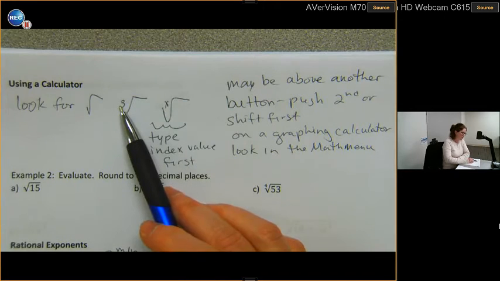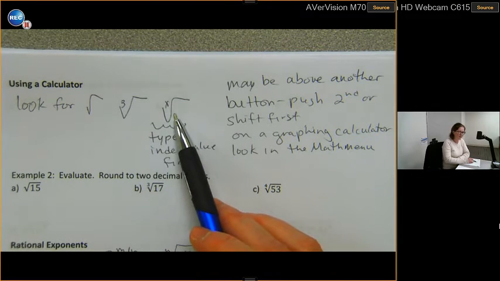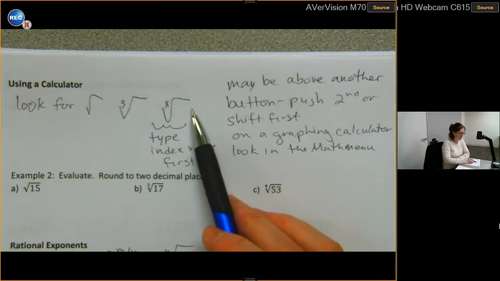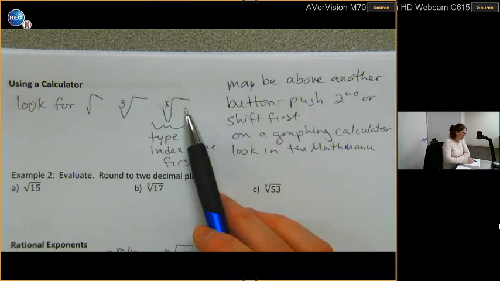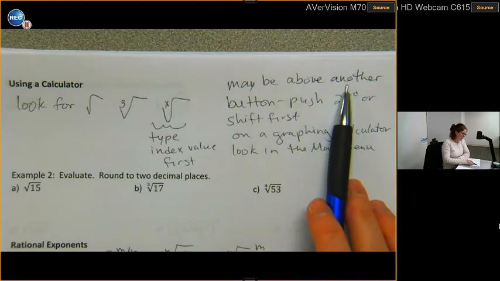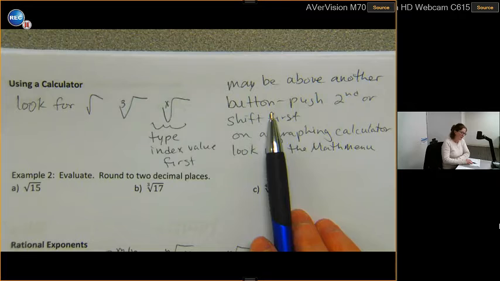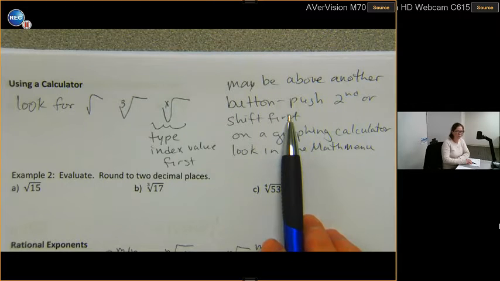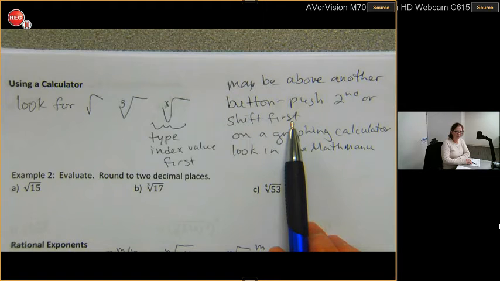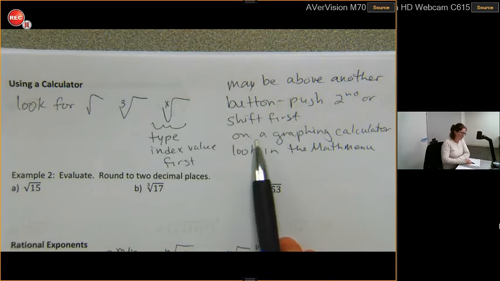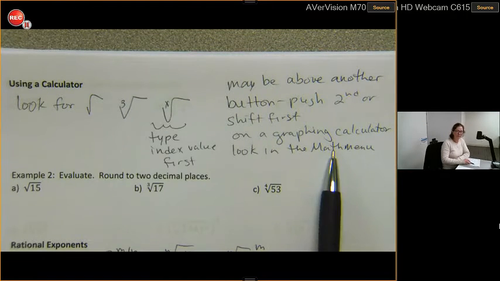So if it's a cube root, you have to hit 3, and then this button, and then whatever was underneath it. Your keys may be above another button, in which case you need to push second or shift first. Or if you're on a phone or computer, you need the scientific view. On a graphing calculator, you want to look in the math menu.